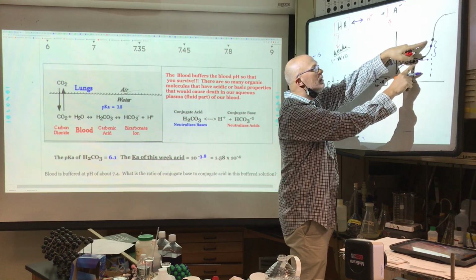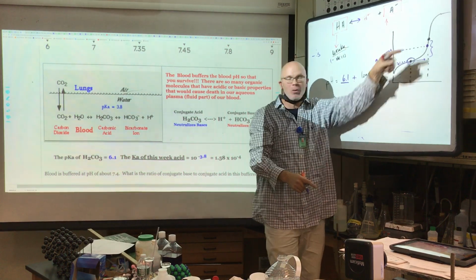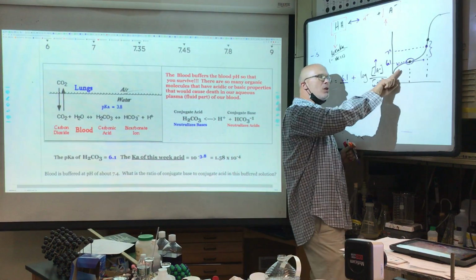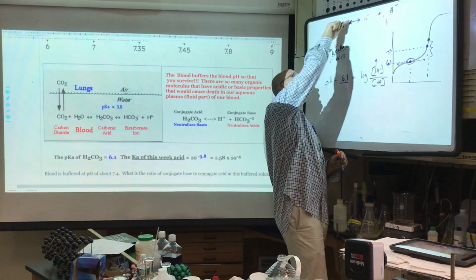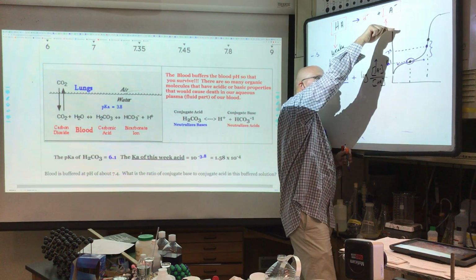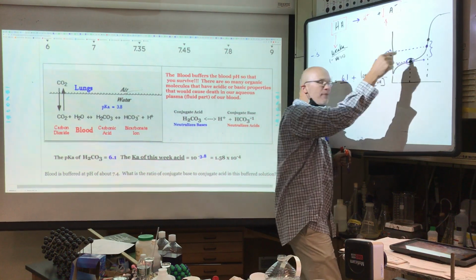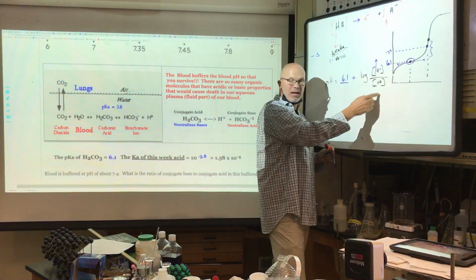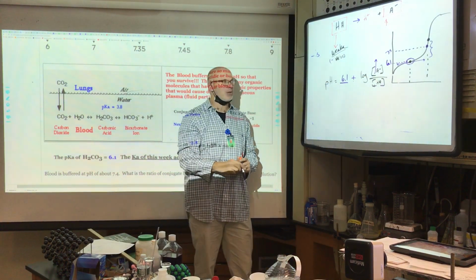Here we have what? 100% conjugate base. So as you go forward, the amount of conjugate base increases as we drive this formula forward by adding hydroxides. So being above the half equivalence point means that you have more conjugate base than conjugate acid. That should make sense to you.